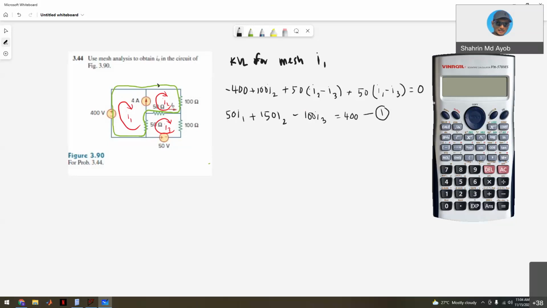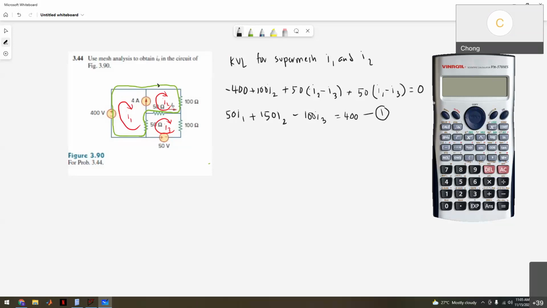So this is my first equation from the supermesh. This is not the KVL for mesh 1; this is actually the KVL for the supermesh, I1 and I2.